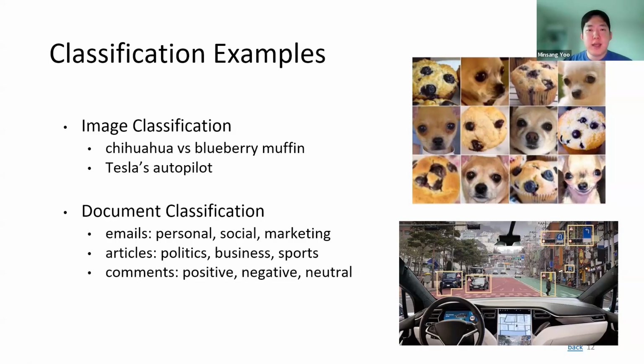Can anyone guess what features or what factors would affect our algorithm so that it can predict if it's a muffin or if it's a chihuahua? You can give me any ideas. There's nothing right or wrong, because we haven't actually tried it for ourselves. So does anyone have an idea on what could affect it?